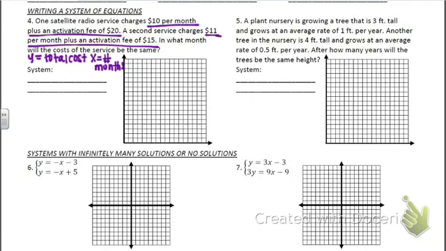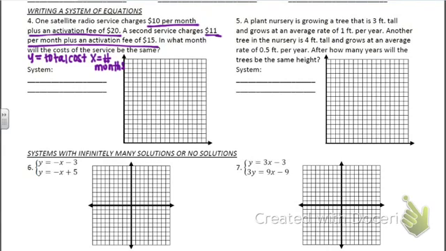Are we going to use the same x and y for both equations? Yep, the same variables. Because it's a system, x stands for the number of months for both equations. Y stands for the total cost for both equations. So the variables and what they represent do not change for different equations in a system.